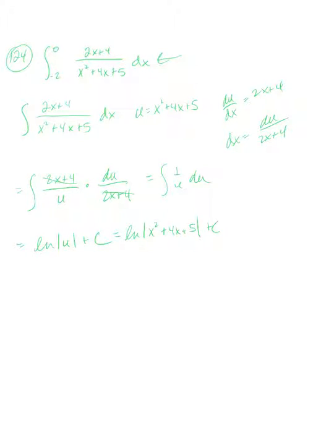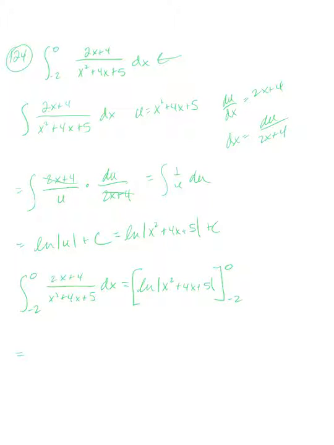So now I'm going to evaluate my definite integral from -2 to 0 of 2x plus 4 over x squared plus 4x plus 5 dx. That is equal to my antiderivative, the ln of x squared plus 4x plus 5, evaluated from -2 to 0.